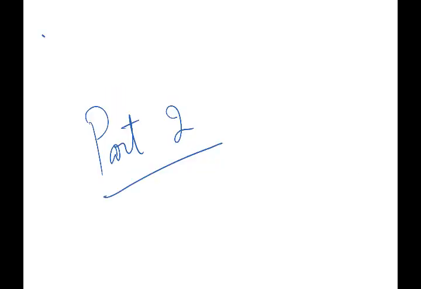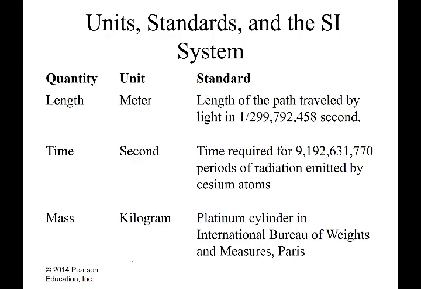So now we are going to talk about units, standards, and the SI system that we are going to use in our entire course. The units that we are going to represent our quantities in is going to be the Système International, the SI system, where the measurement of length is done in meters, the measurement of time in seconds, and the measurement of mass in kilograms.